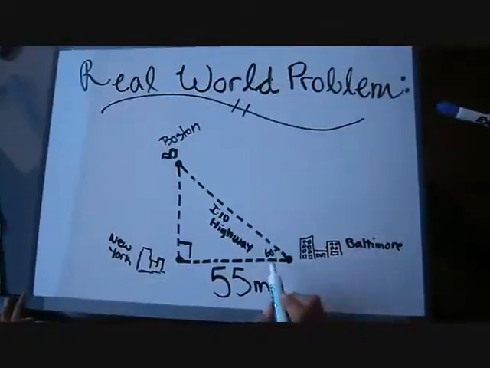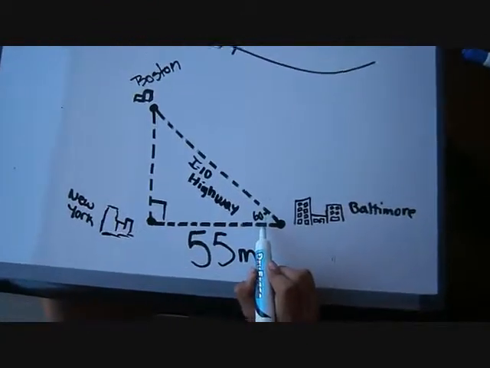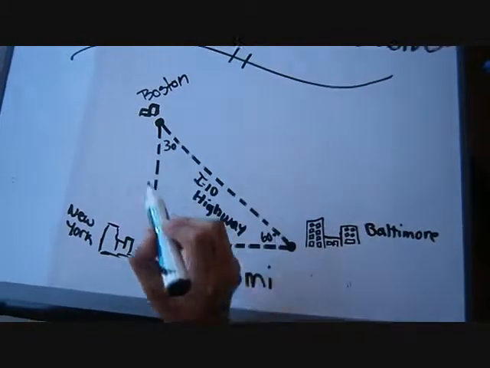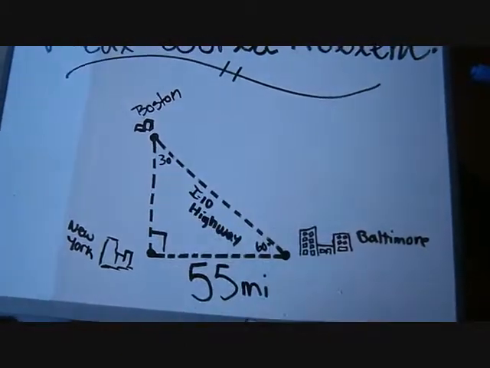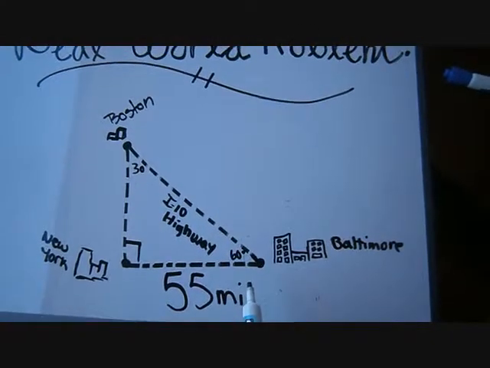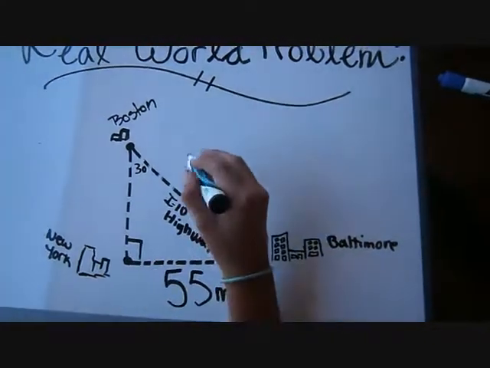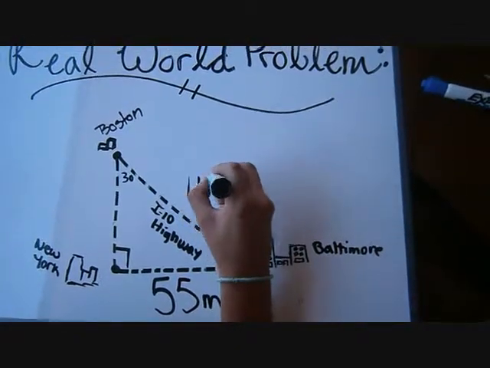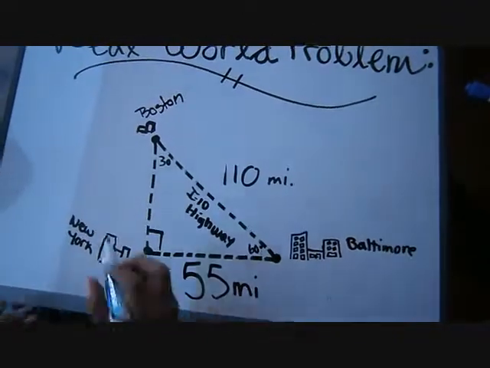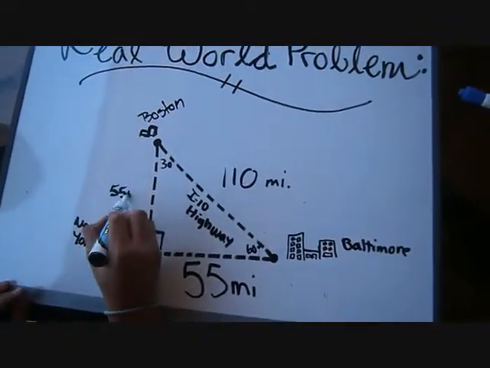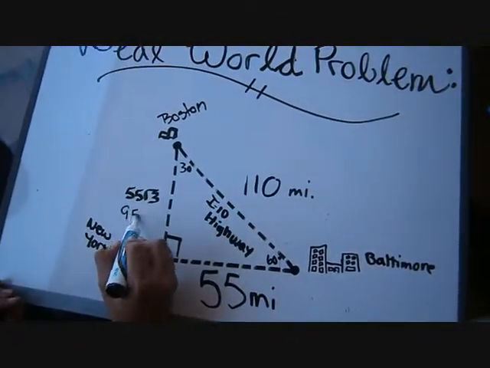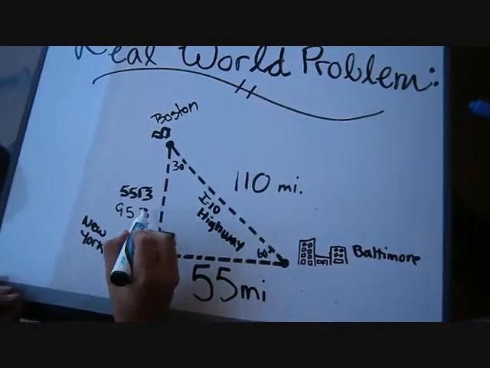So in this problem, we know that this angle is 60 degrees. Because of the triangle sum theorem, we know that this is 30 degrees. Since the 55 miles is across from the 30, we know that across from the right angle, it is 110 miles. So across from the 60, it's 55 radical 3, which, if you put it in your calculator, comes out to be 95.3 miles.